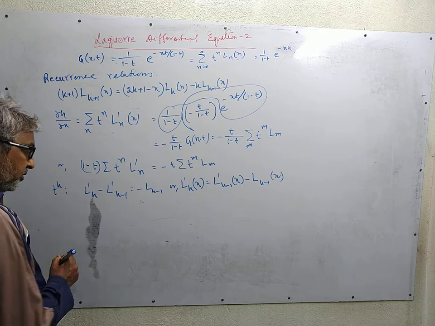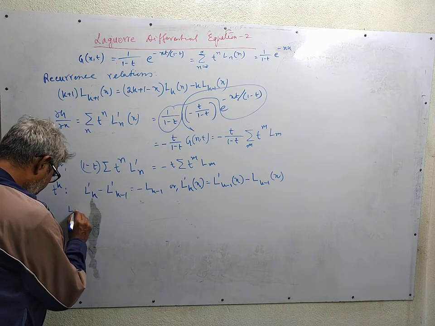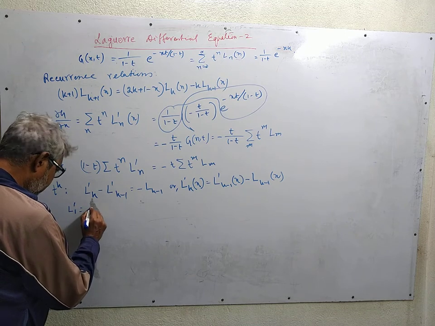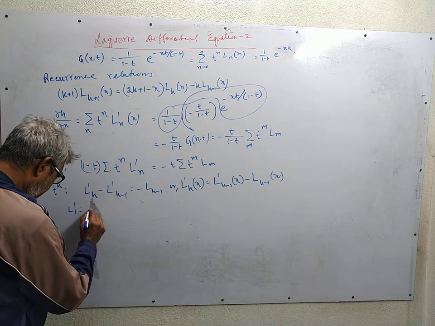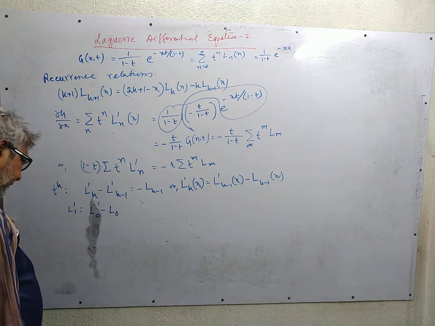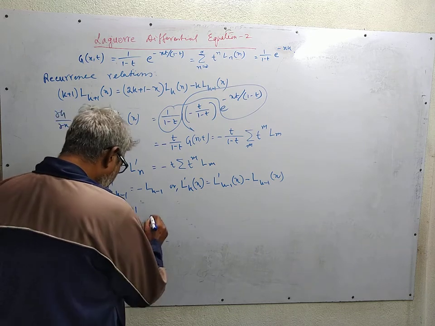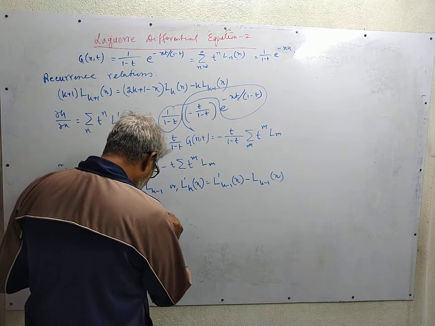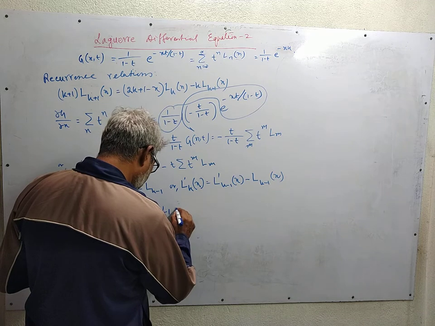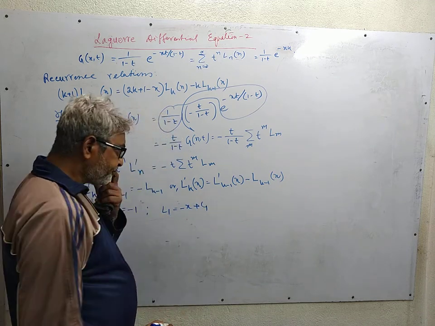Say for example k is equal to 1, so this relation gives L1 prime is equal to L0 prime minus L0. We know that L0 is 1, so this is minus 1. So on integrating, we get L1 of x is equal to minus x plus some constant C1.